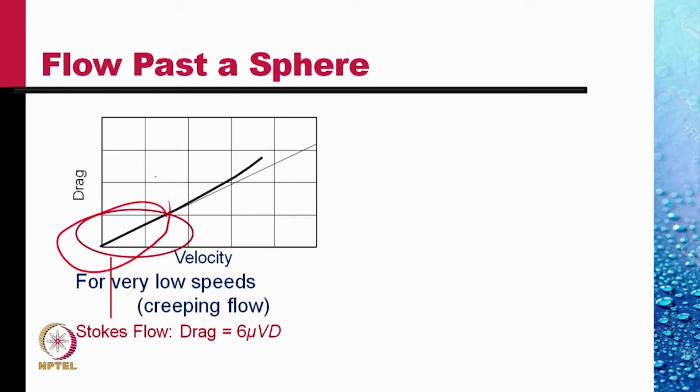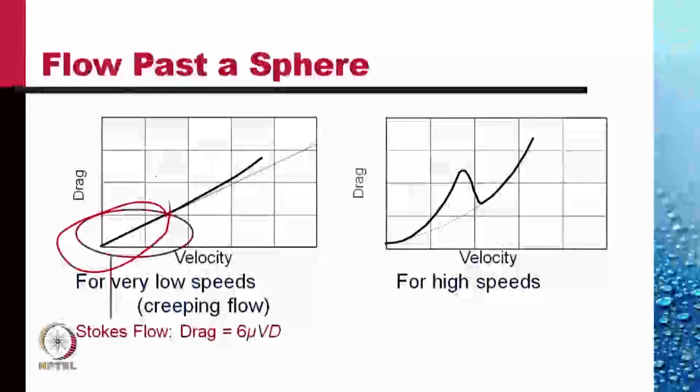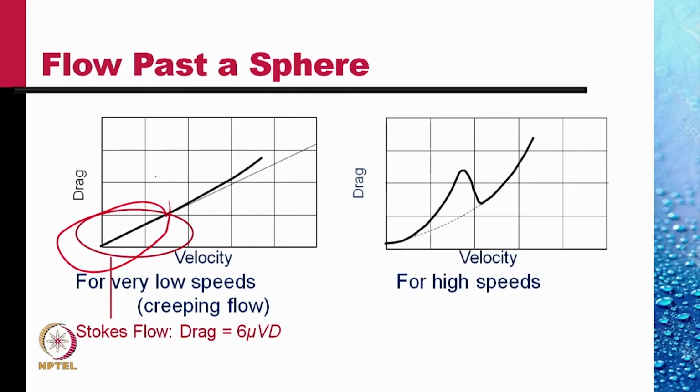As the Reynolds number increases, that is the velocity increases, the drag deviates from that straight line, and at larger speeds, the drag curve is like this. Notice that this is a parabolic curve. But we see a strange phenomenon.